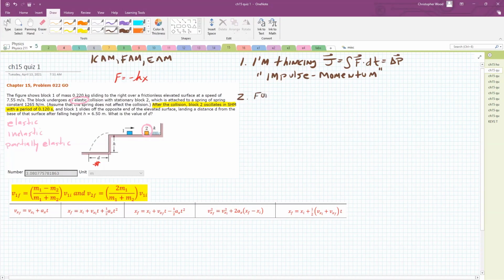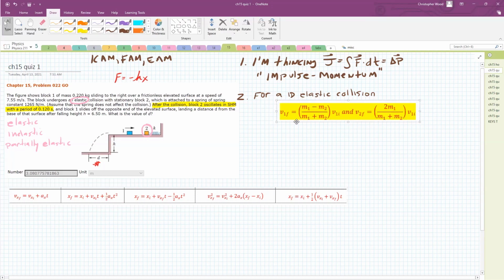This is from chapter 9, for a one-dimensional elastic collision. This was derived for you. Momentum is conserved, kinetic energy is conserved, and then we did a bunch of algebra and found this relationship right here. It got spit out when we remembered that in any collision momentum is conserved, and even better, if it's an elastic collision, kinetic energy is conserved.